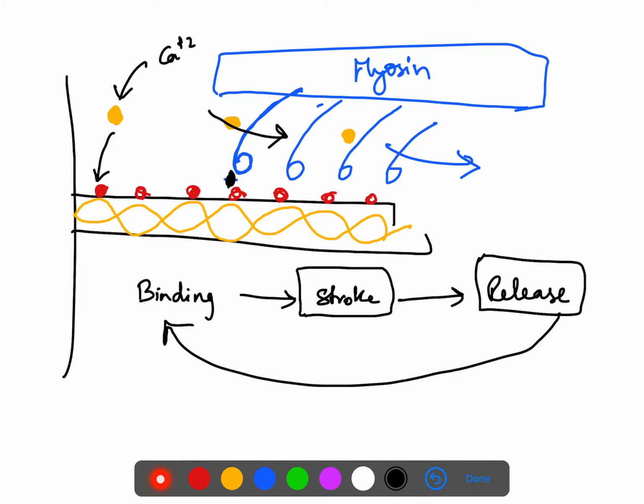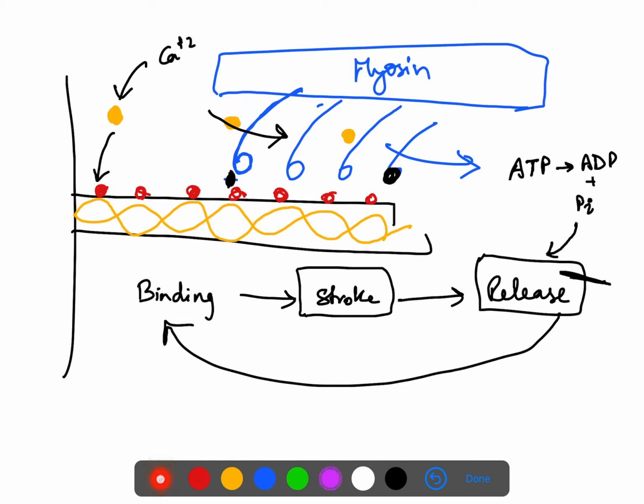So what happens here? While it has to release from the active site, the myosin head will cleave the ATP to ADP plus Pi. This yields energy for release of the myosin molecule from the active site, and again it binds to the next active site. After binding, the stroke happens.